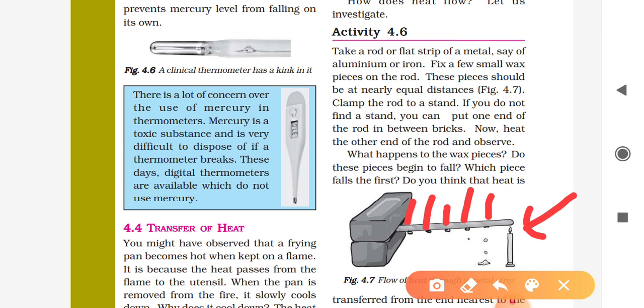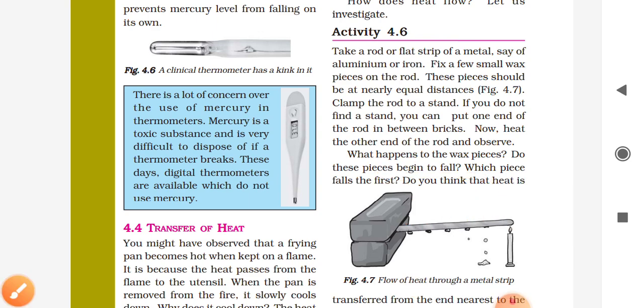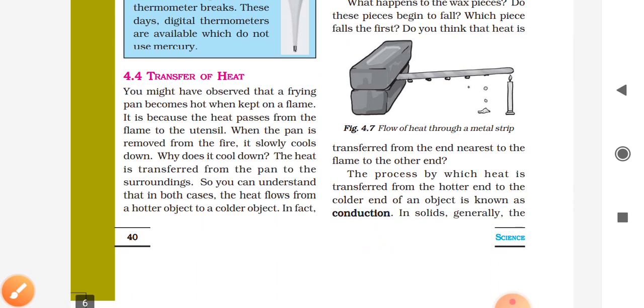The heat which is given here is transferred to the end point of this rod. That means it transfers the heat. You understand? So the process by which heat is transferred from the hotter end to the colder end of an object is known as conduction.